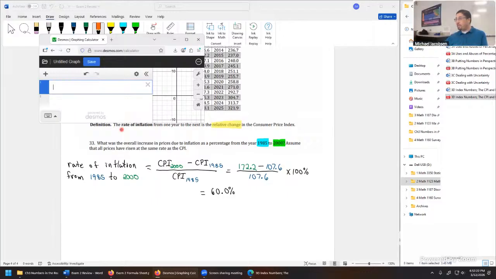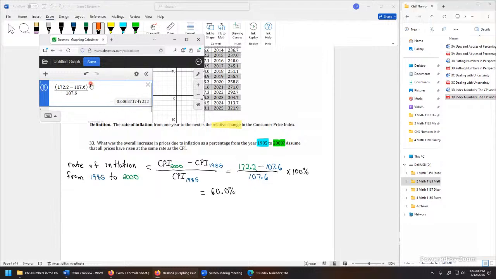You know, one thing that could be going on is if we type it in like this, say 172.2 minus 107.6, then divide by 107.6, the calculator could be interpreting something like this, giving a funny value. But if you instead put the entire numerator into parentheses, 172.2 minus 107.6, and then go division by 107.6, then it should come out right.